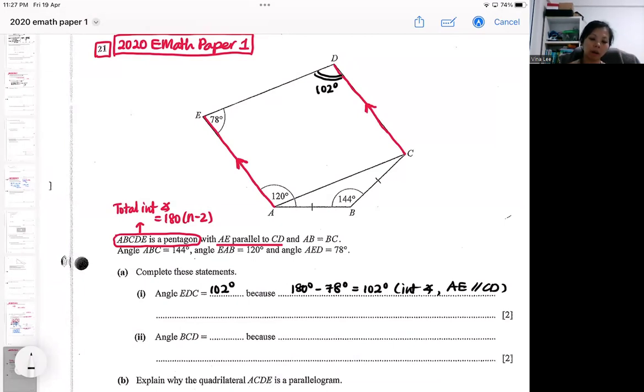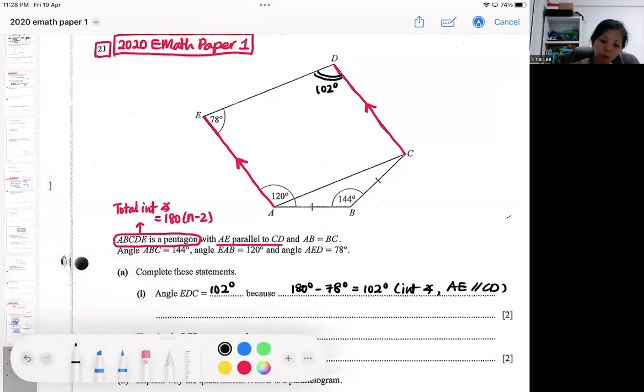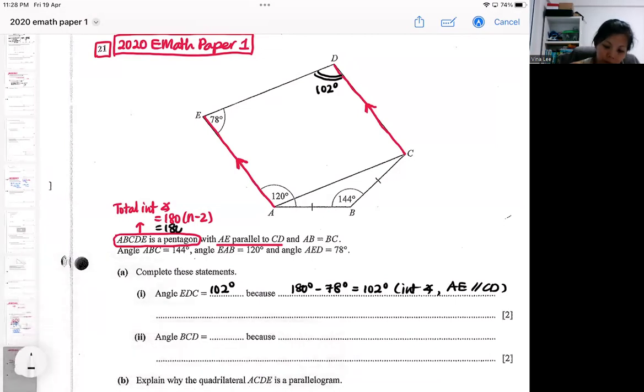Then a lot of people will be stuck at BCD if you didn't realize that the total interior angle of a pentagon is 540. Your job is to find this angle here, BCD. You should see that now there are 5 big angles, and these 5 big angles should add up to the total interior angle.